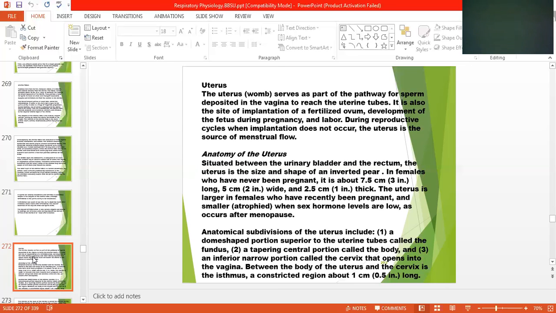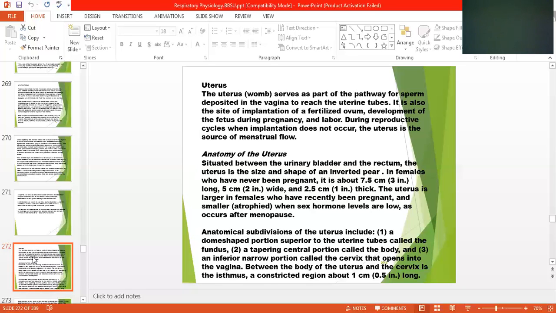The uterus is larger in females who have recently been pregnant, and smaller, atrophied, when sex hormone levels are low, as occurs after menopause. Right? So in a female who has been pregnant for the first time, we call it primipara, and another who has got many children, we call it multipara.